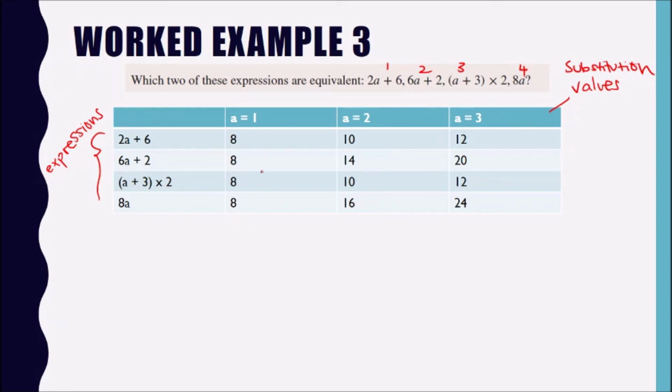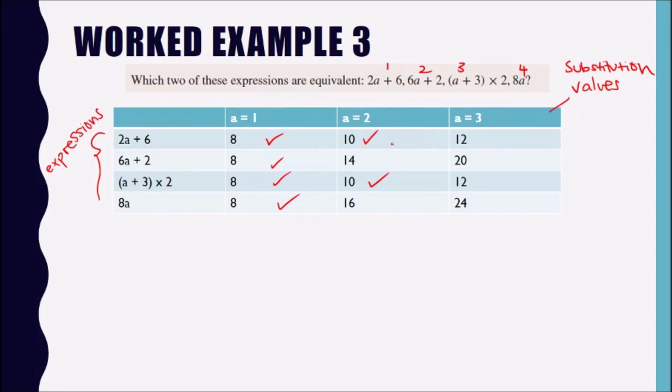So when you look at that, you go, well, they could potentially be equivalent expressions.